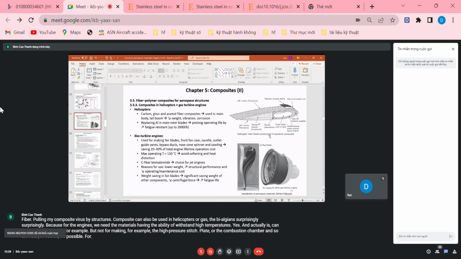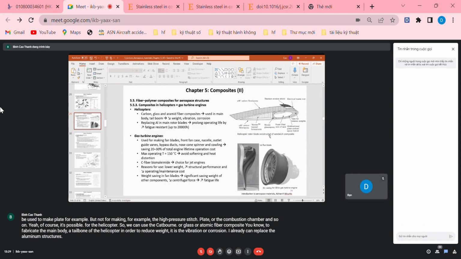For helicopters, we can use carbon, glass or aramid fiber composite to fabricate the main body or tail boom in order to reduce weight, vibration and corrosion.